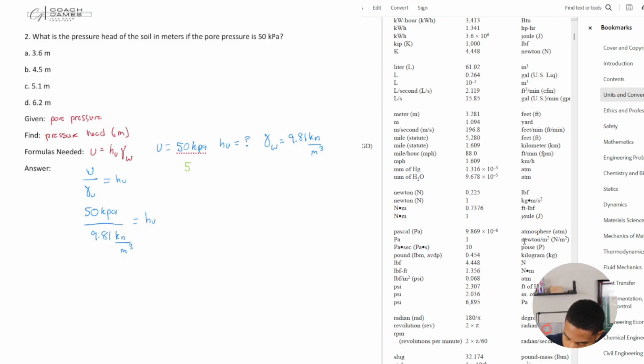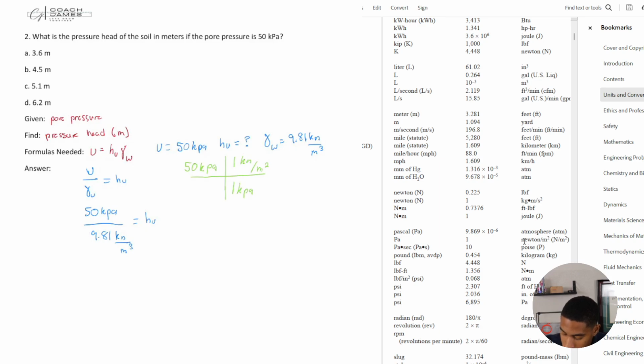If I have 50 kPa, I know that 1 kPa is going to equal 1 kilonewton per meter squared.